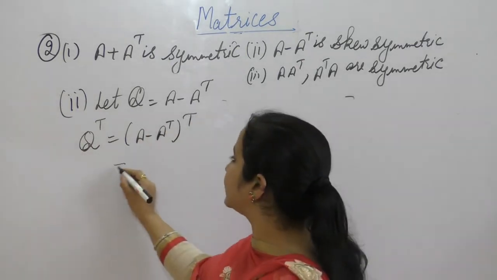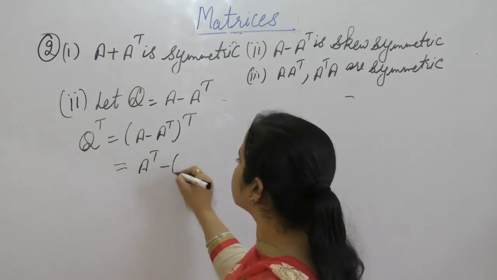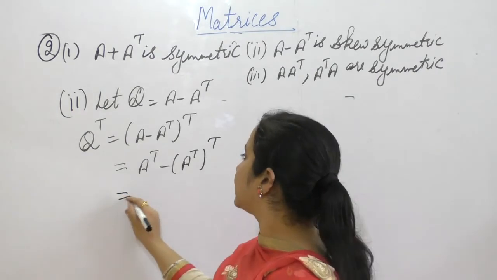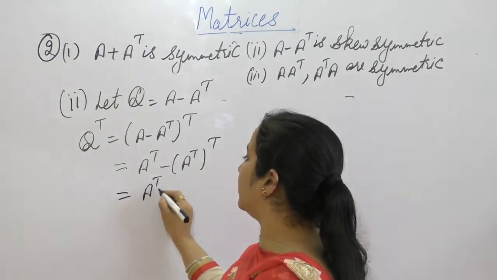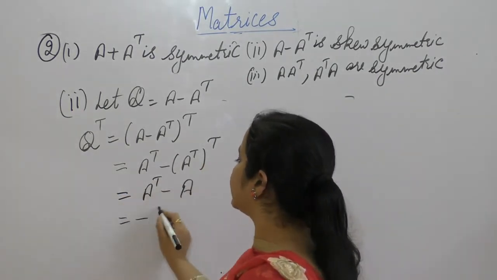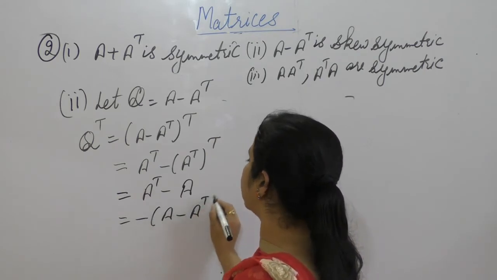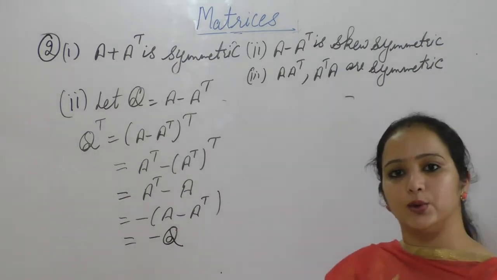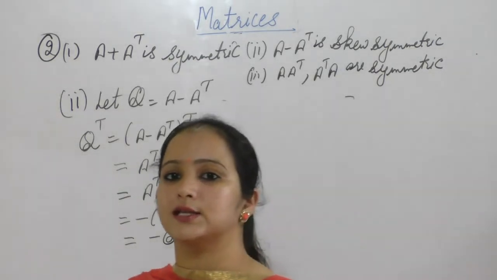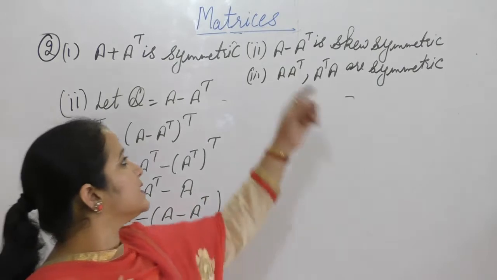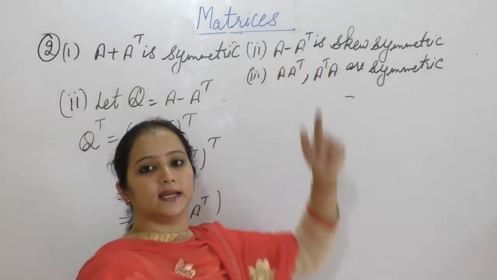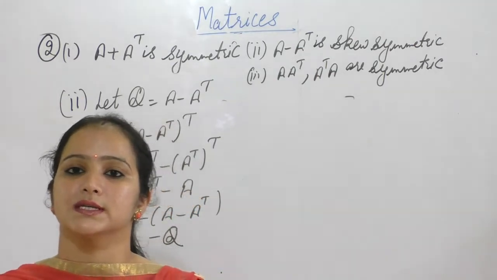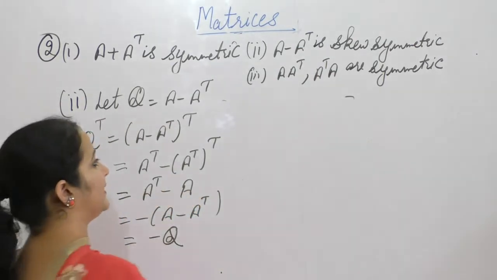Again use the same identity: A transpose minus A transpose transpose. A transpose transpose is equal to A. Taking the negative sign common, minus of A minus A transpose. Q transpose is equal to minus Q. That is, Q is a skew symmetric matrix, and Q is A minus A transpose. Therefore A minus A transpose is a skew symmetric matrix.